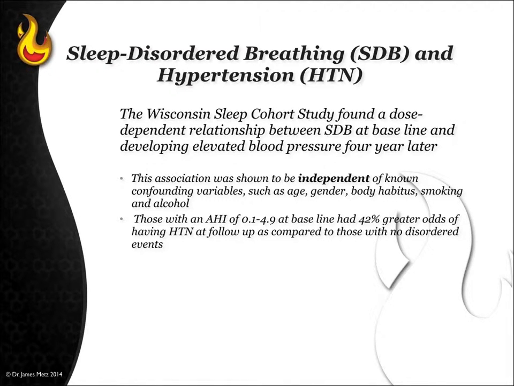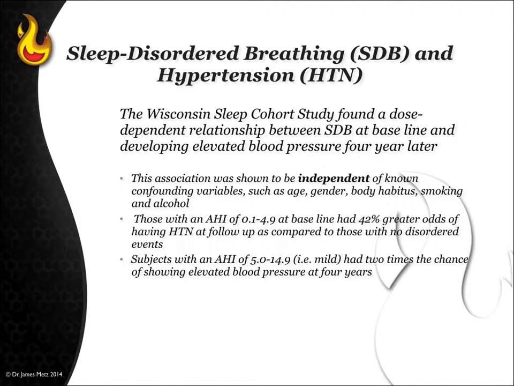So here are the statistics. If you have an AHI of 0.1 to 4.9 at baseline, you had a 42% greater odds of having hypertension at follow-up compared to those with no disordered events. In other words, a 0.1 was showing an increase in blood pressure.